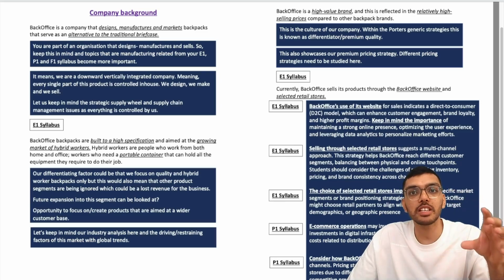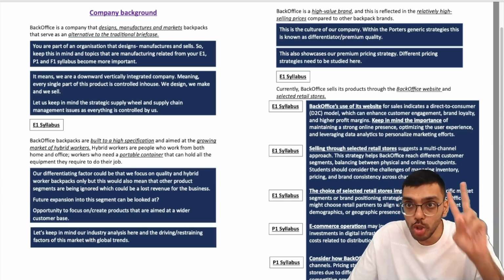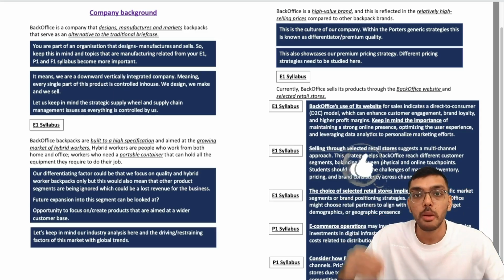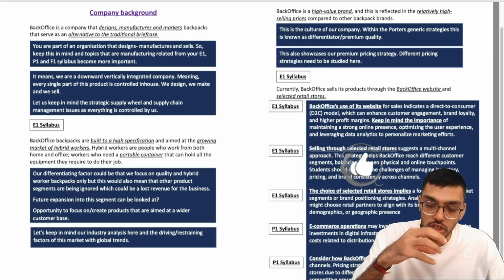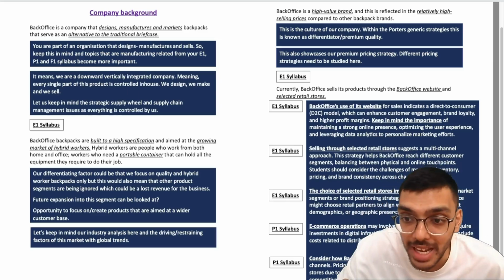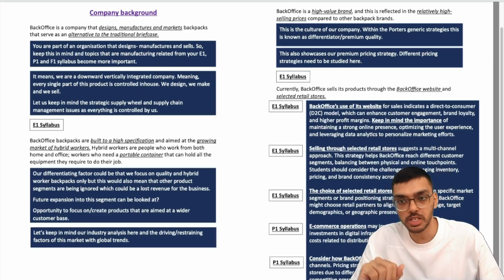Knowing the different pricing strategies from the E1 syllabus is important. So I gave you two concepts over here, the Porter's generic strategies, relating it to my situation, which is the differentiator premium quality right now. And I gave you pricing strategies as well. Currently, premium pricing is what we are sticking to.